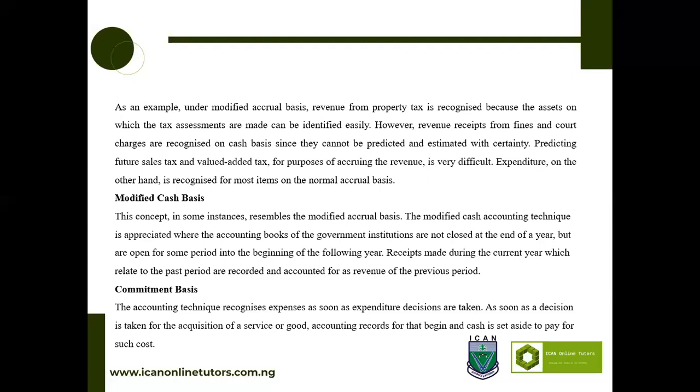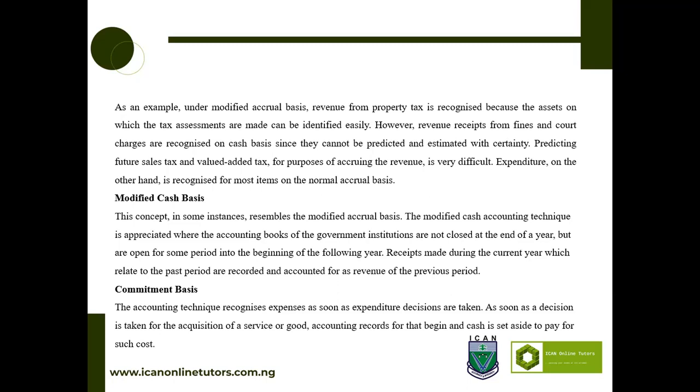The transaction has not occurred, so we won't be able to measure how many fines you are going to have. So there is no certainty on fines and court charges. Predicting future sales tax and value-added tax for the purposes of accruing the revenue will also be very difficult.